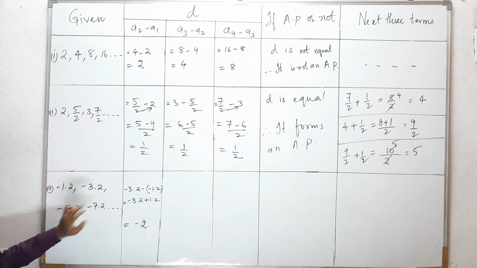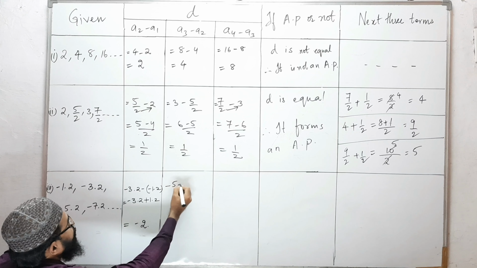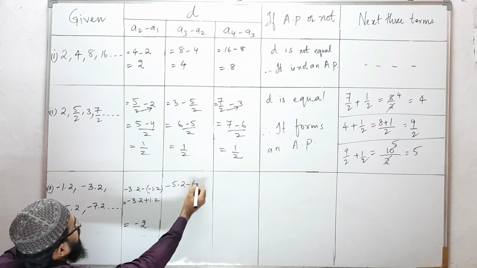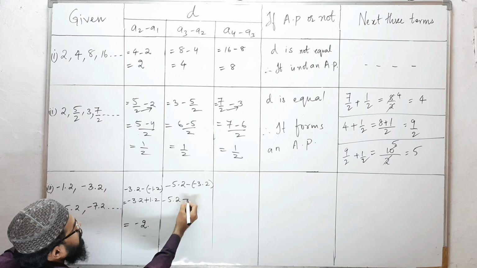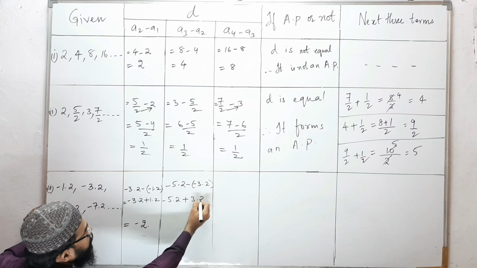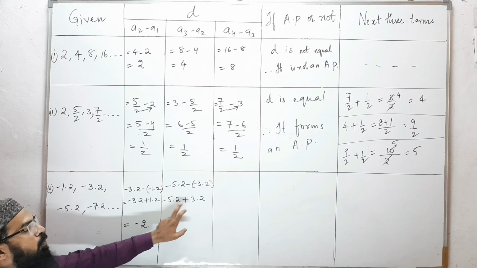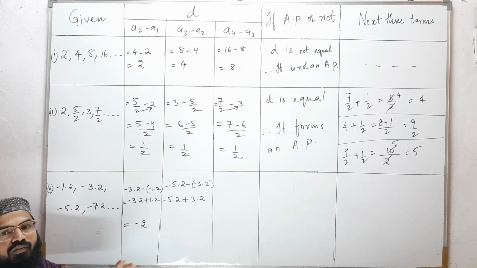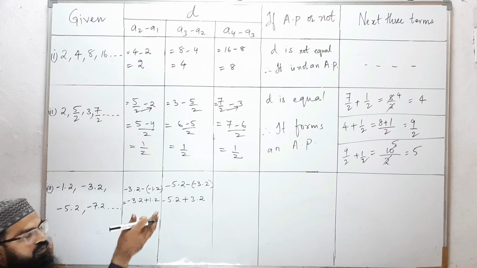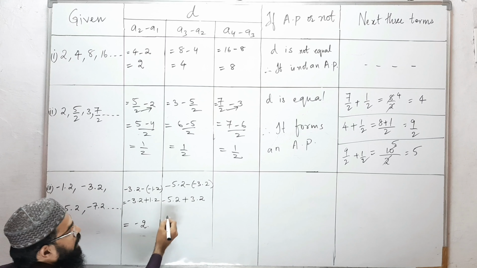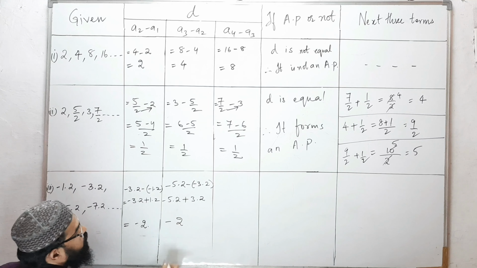Next, A3 minus A2. A3 is minus 5.2 minus of minus 3.2. Minus 5.2 minus into minus, plus 3.2. So 0.2 will be subtracted, so it will be 0. Minus 5, if we subtract 3, we get minus 2.